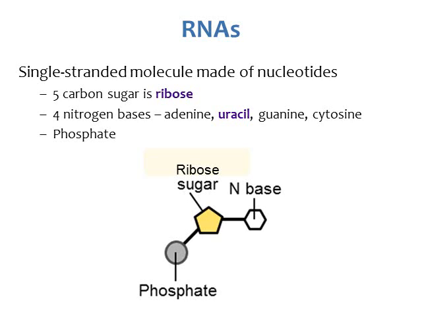And then also attached to your sugar, you need a nitrogen base. Our nitrogen bases, we have 4 possibilities. There's adenine, uracil, guanine, and cytosine. You notice uracil is in blue up here. So RNA has uracil, whereas DNA has thymine. So this is another difference between RNA and DNA.